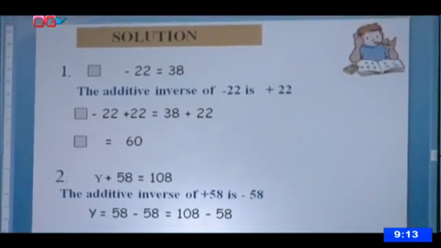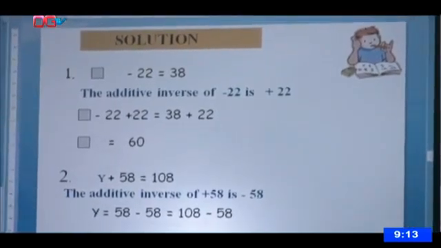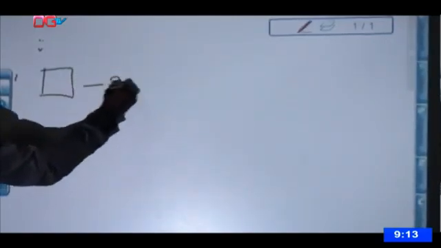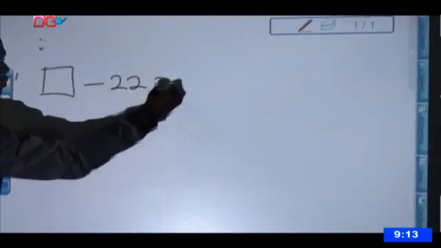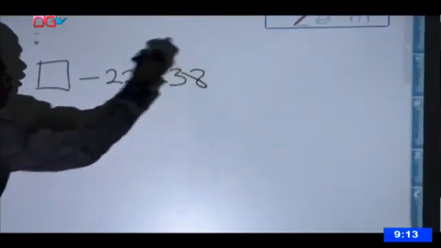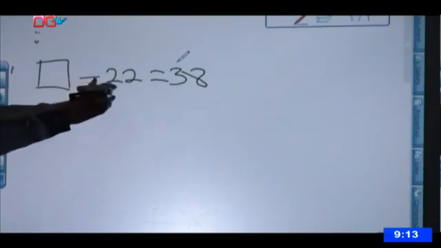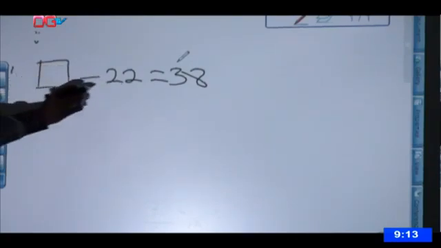Now let's move to the solution using the collecting the like terms method, instead of the additive inverse. Box minus 22 equals 38. Now we want to use the second method, which is collecting the like terms method. How do we do this? Looking at this side, you will see that this is a box, while this is a number.